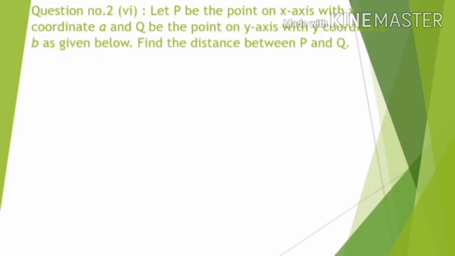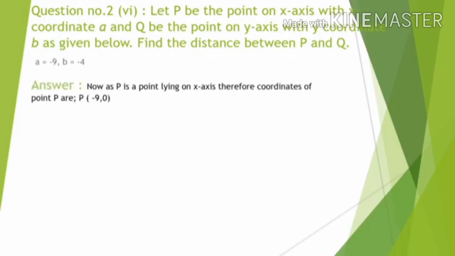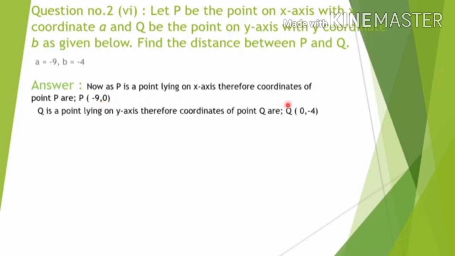Question number 2, part number 6. Let P be the point on the x-axis with x-coordinate A and Q be the point on the y-axis with y-coordinate B as given below. Find the distance between P and Q. On the similar pattern, the point P lying on the x-axis, therefore the coordinates of point P would be (minus 9, 0). That is, its y-coordinate would be 0. Point Q is lying on the y-axis, so its x-coordinate would be 0.